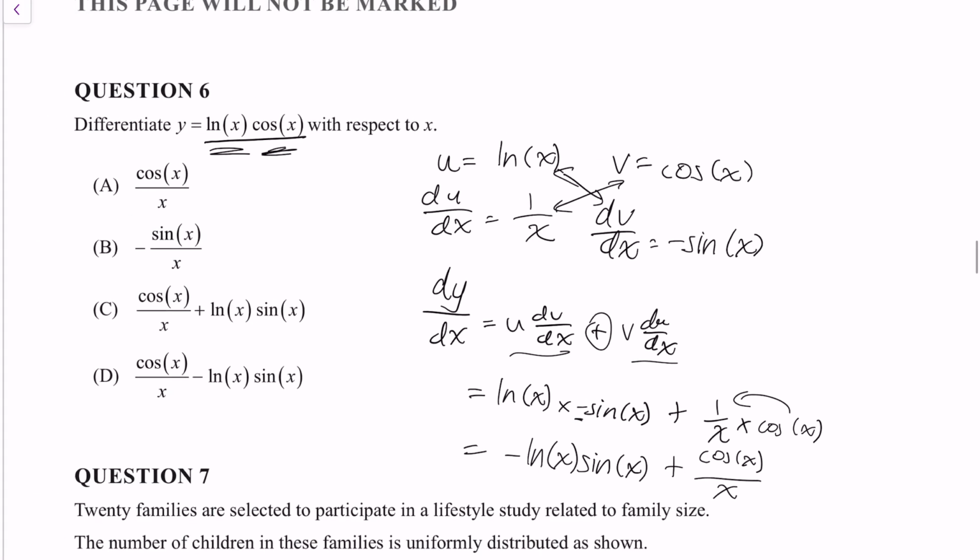Now, sometimes it's not going to look exactly the same, but I know that if I still have my minus ln x sine x, I can immediately look towards this one, and I can just think about how this plus cos x over x can just be moved here, and so that's what it is. So the answer is D.